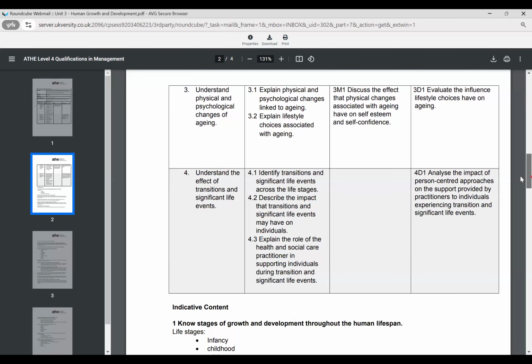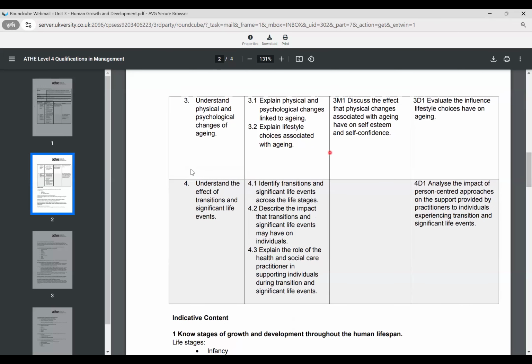The third learning outcome is to understand the physical and psychological changes as a result of aging. We've just talked about that last weekend. In order to have a pass only, you would want to explain the physical and psychological changes linked to aging and to explain lifestyle choices associated with aging.